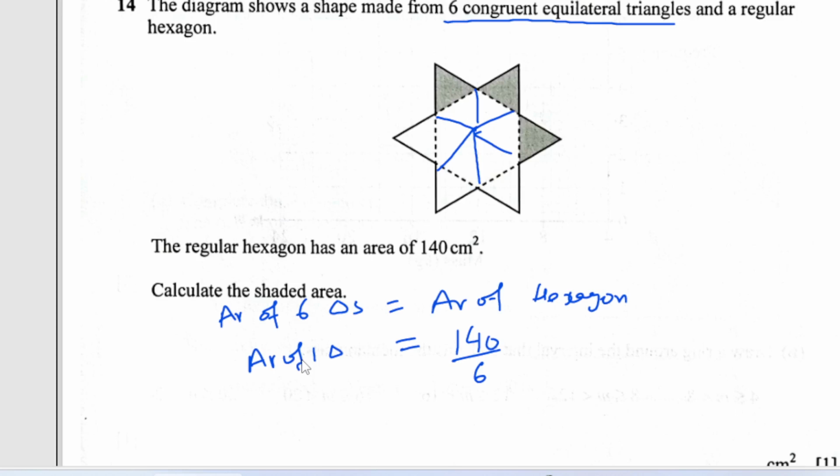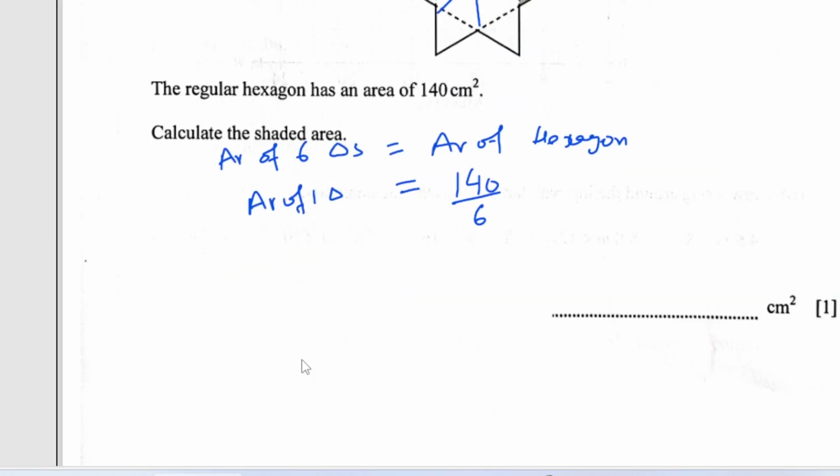Then we are looking for the area of 3 triangles. We have 3 triangles shaded here. So the area of 3 triangles is 140 over 6 times 3. So 3 times 2 is 6, and this will be 70 centimeters squared. Okay.